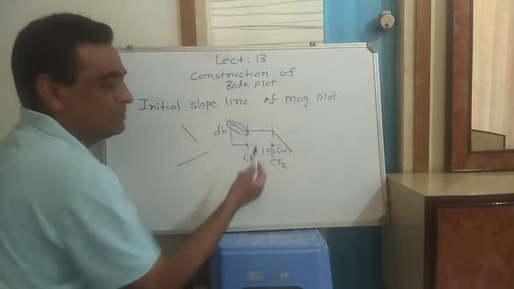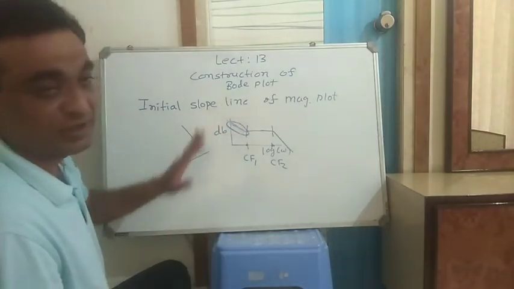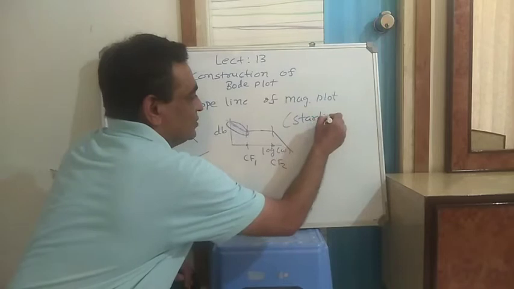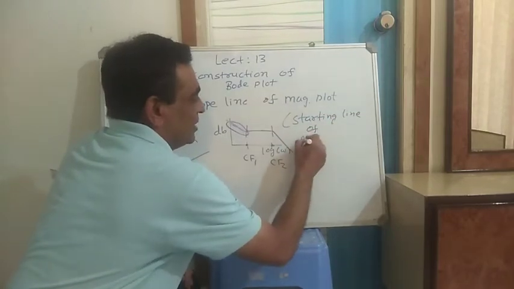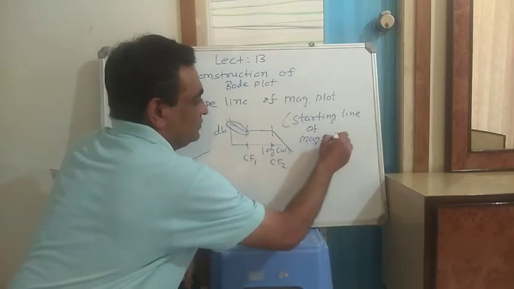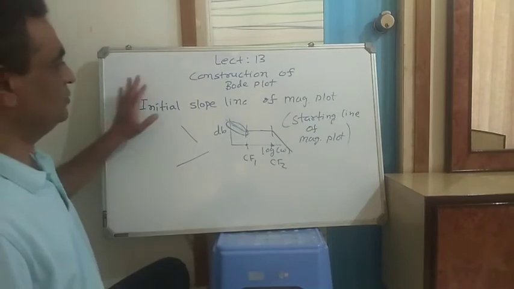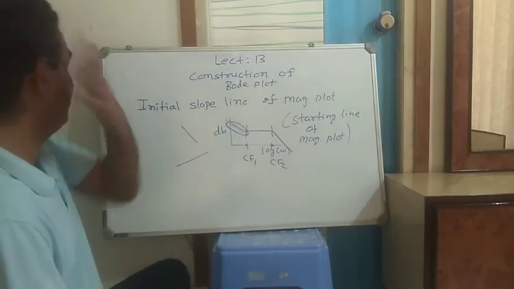Once I know the slope of this line, then at every corner frequency there is a change in the slope, which we will see later on. But I should know the starting point of the magnitude plot. So this is about the starting line of the magnitude plot. We are going to discuss this rule, that is, the initial slope line of the magnitude plot.